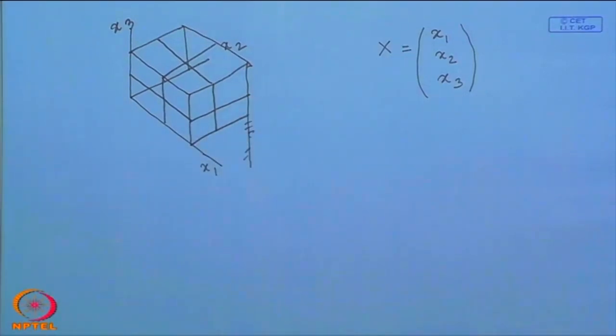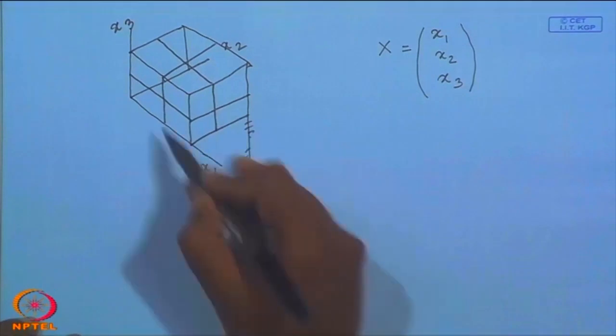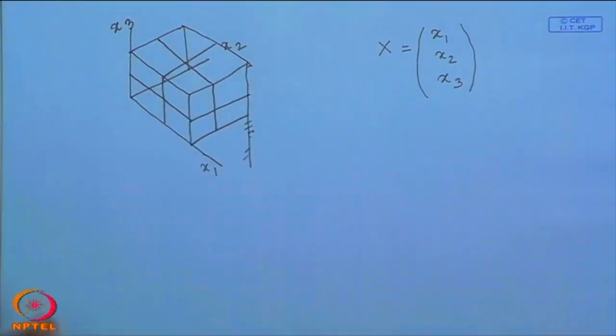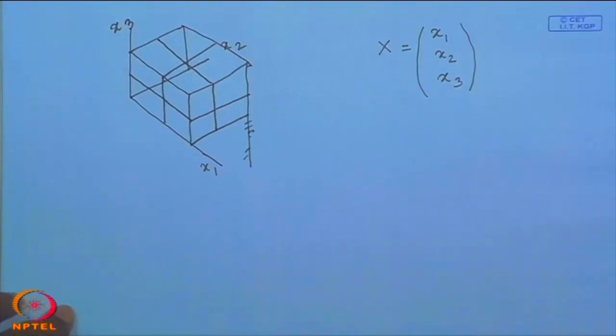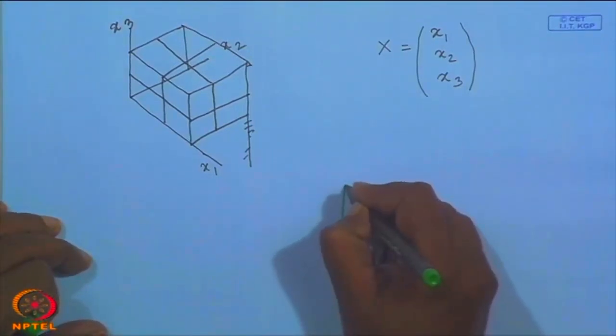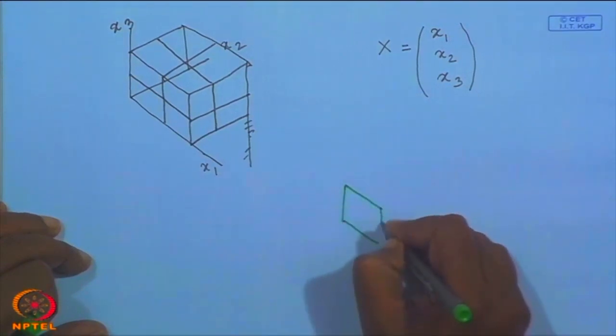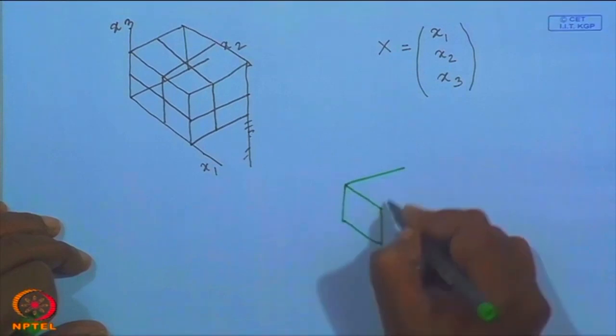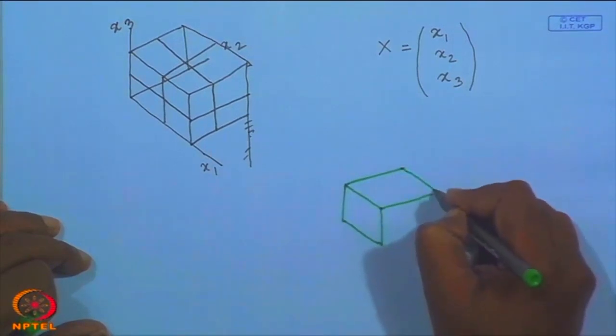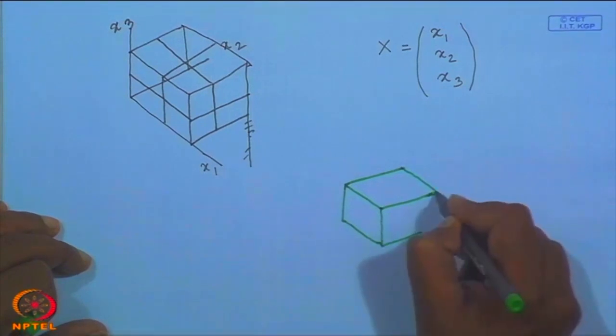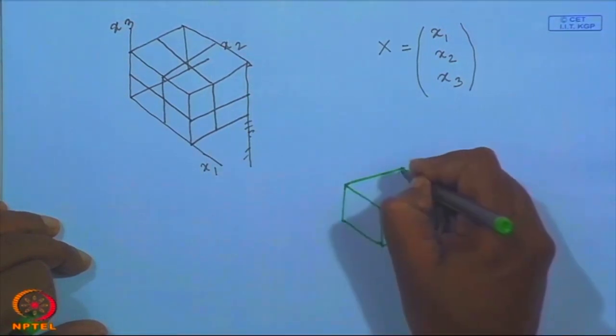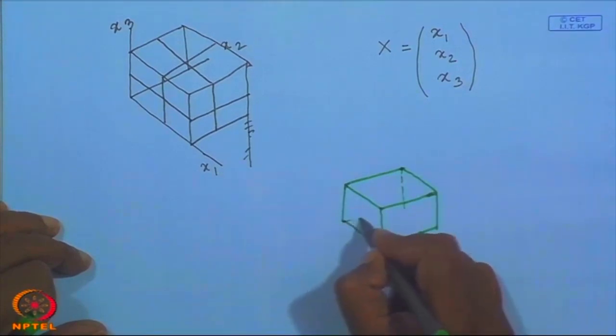So, here you find that there are 8 volume elements, 4 on this side and 4 on this side. And once I divide this 3 dimensional space into such volume elements, every volume element will have 8 vertices. Okay. So, if I consider a single volume element out of this, this volume element has got 8 different vertices.